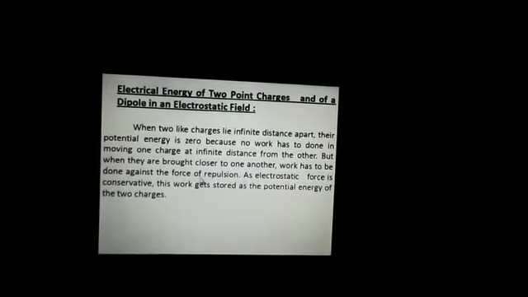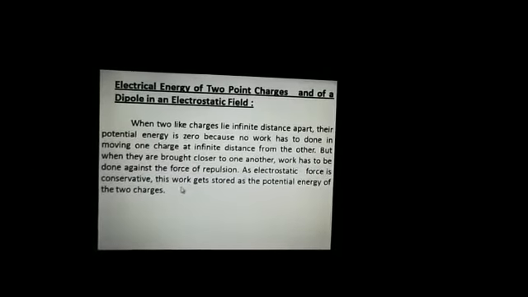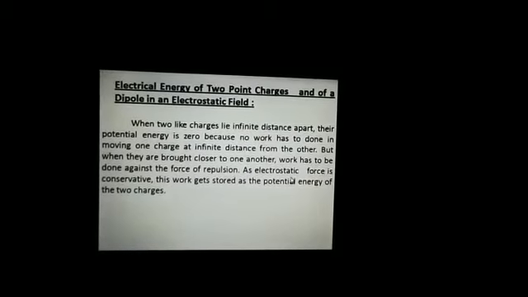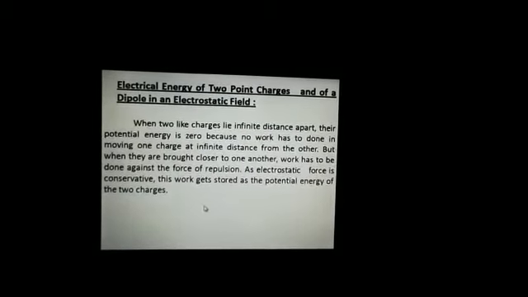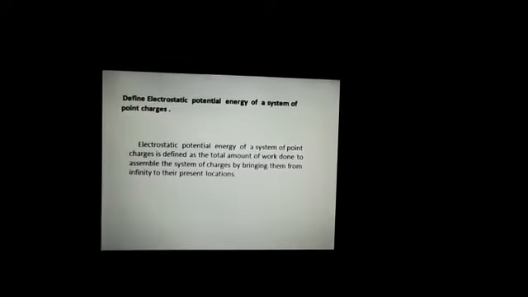But when they are brought closer to each other, work has to be done against the force of repulsion, as electrostatic force is conservative, and this work done is stored in the form of potential energy.